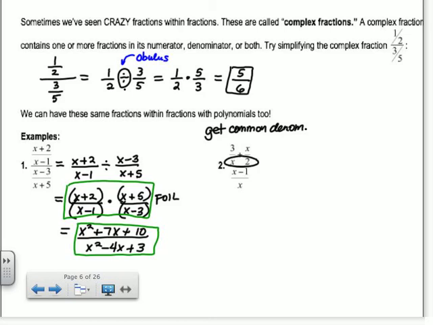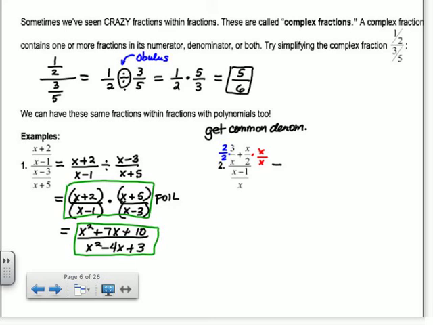With these two, that means that I'm going to have to multiply 3 over x by 2 over 2. So that way the bottom becomes 2x. And if I want the other one to become 2x, I need to multiply it by x over x. Okay, and that's allowed because you're just multiplying each fraction by 1. You're not changing the number.